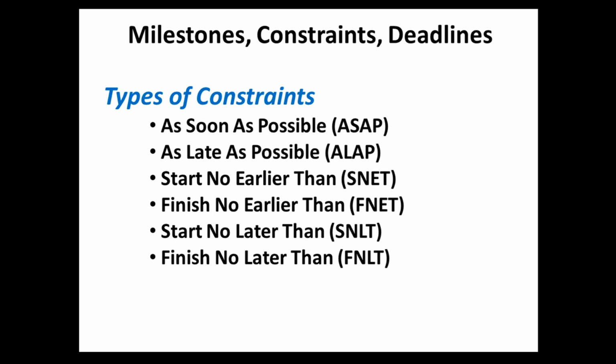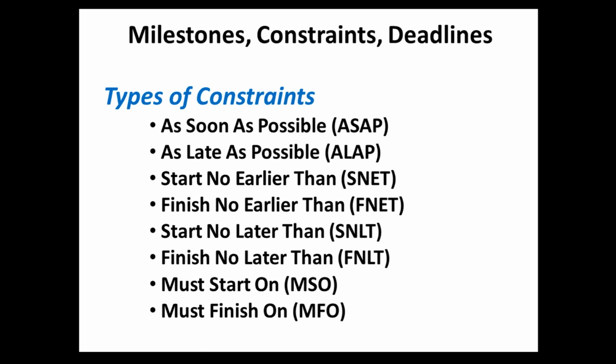A task with this constraint cannot finish after its specified date. Must start on, when we set this constraint, we schedule a task to start on a specific date. Must finish on, this is where we go in and set the constraint that we finish on a specific date.